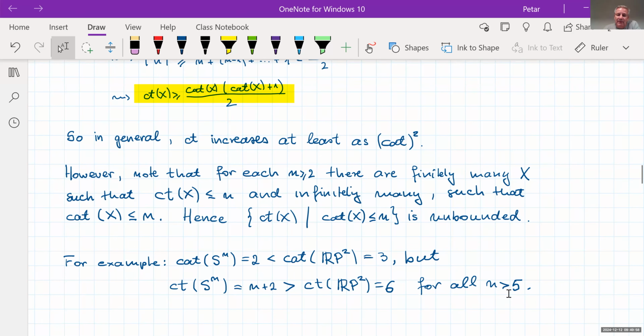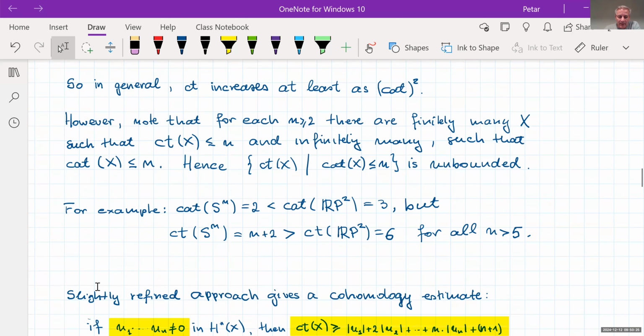So essentially, you have infinitely many spaces whose covering type is bigger than this fixed one, in spite of the fact that the category is smaller. But nothing contradicts this quadratic increase, it's just that you have many more. In some sense, it is a finer invariant.